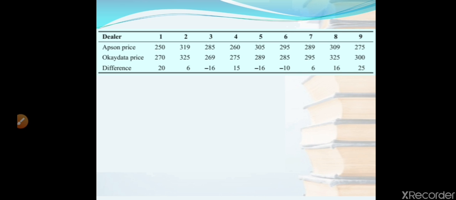So I repeat this statement. 9 computer component dealers in major metropolitan areas were asked for their prices on two similar color computers. The results of this survey are given in this table. So at alpha equal to 0.05, is it reasonable to assert that on average the OK Data system is more expensive than the Epson?